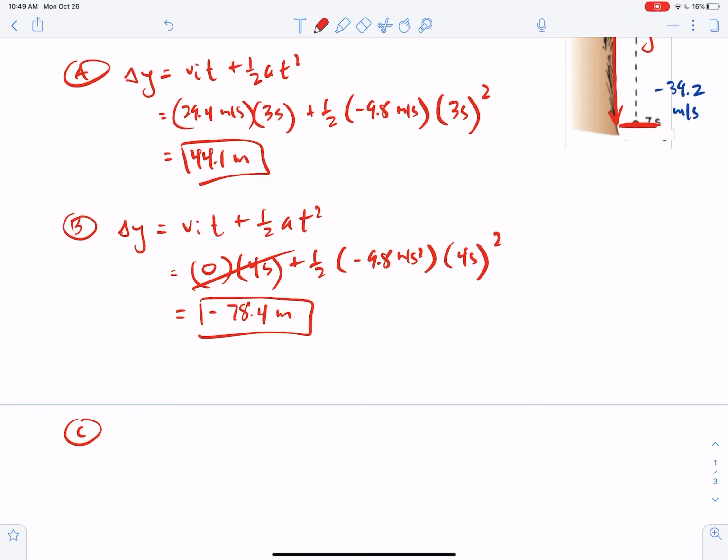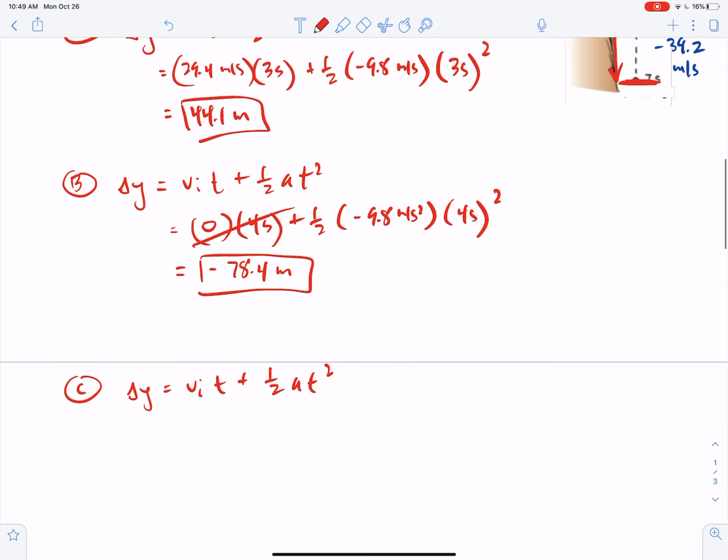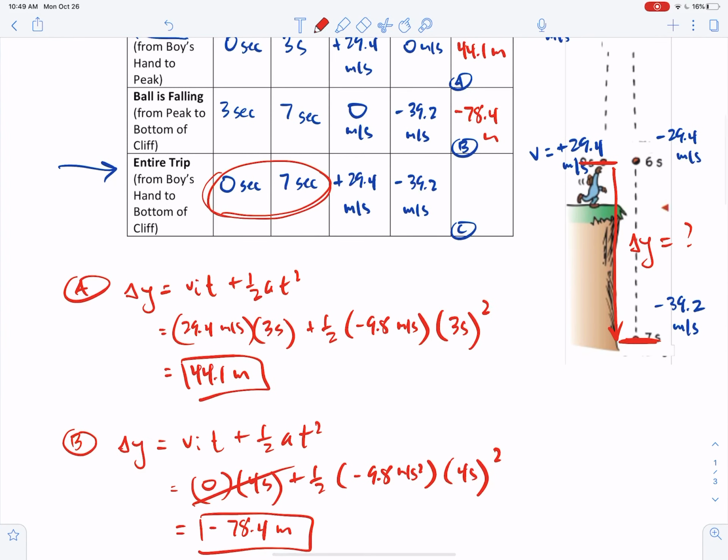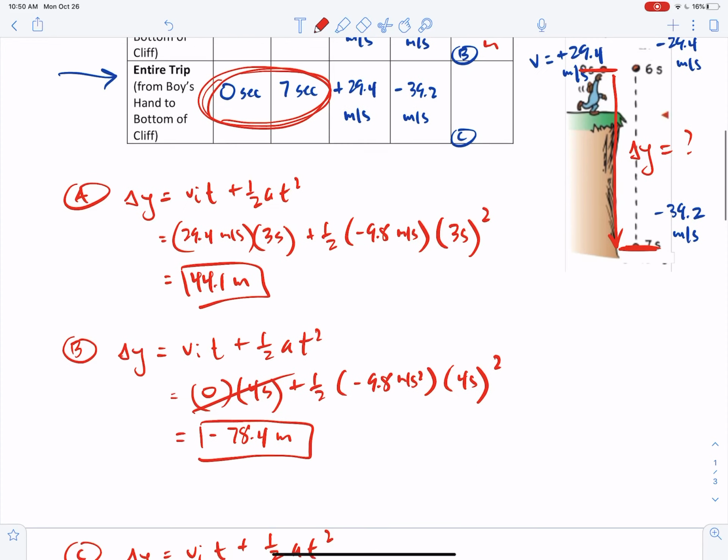Now, if I just plug in the equation, I will get a reasonable answer. And so the initial velocity is 29.4, because that's how fast the boy throws the ball. The time now is, right, it's from 0 to 7. So the change in time is 7 seconds.